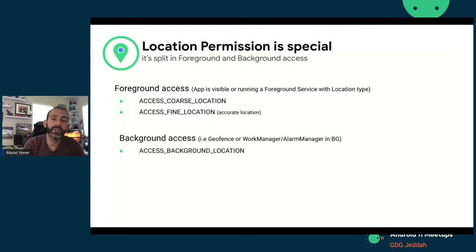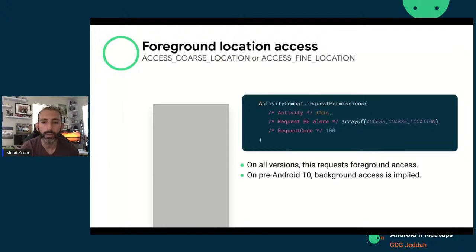With this, the users have better control and a better understanding of why the app needs that permission. So there's a lower chance the user simply rejects and you're left without the permission. With Android 11, this has become a requirement. We ask you to first ask for the foreground access, then move to background.